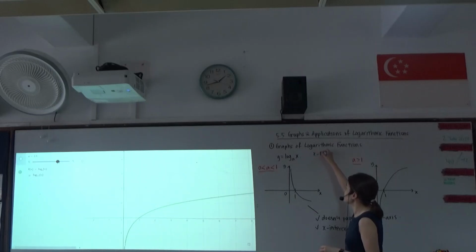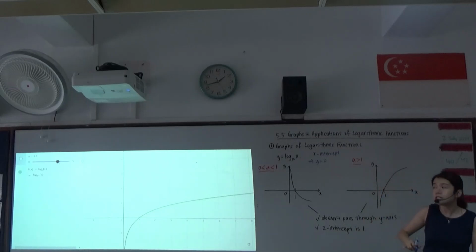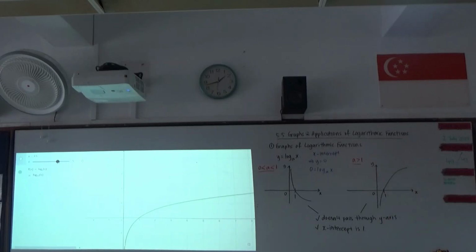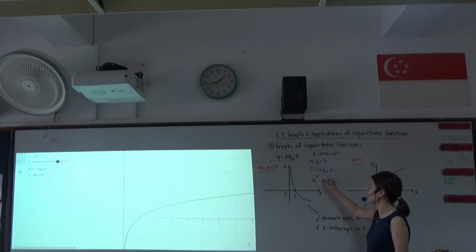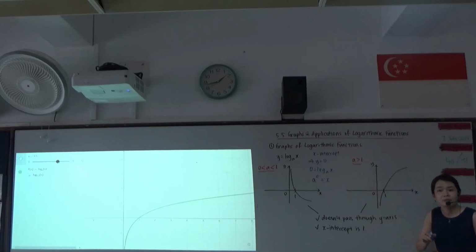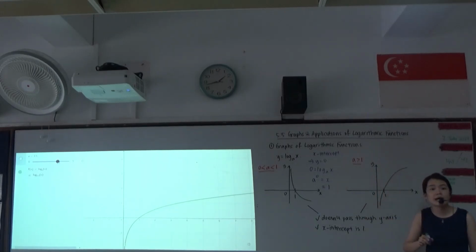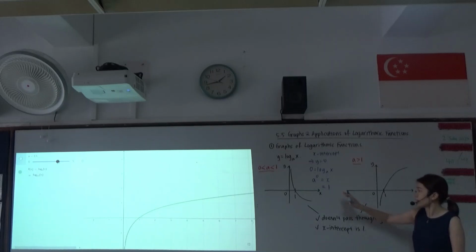Right? X-intercept, in order to look for it, your y is equal to 0. So what happens when y is equal to 0 when you want to solve this? We get log x base A to be equal to 0. Right? And if I were to change this into my index form, I will get A to the power 0 equals x. And we know that anything to the power 0 is 1. So that's the reason why your x is equal to 1.